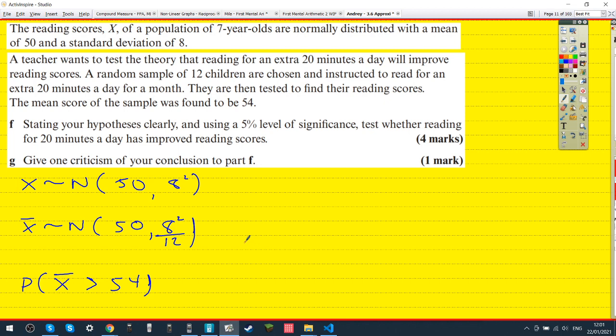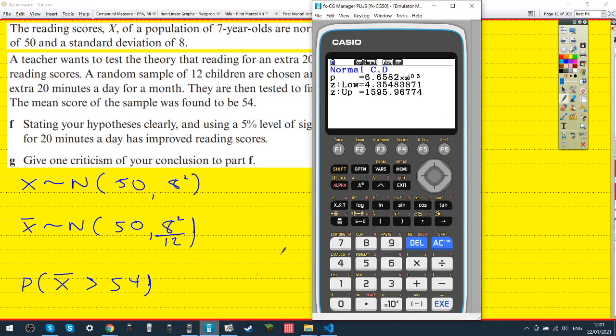And so do we now go to the calculator? Yep. So are we then going to do lower 50? No, I don't know. Is it lower 54? Yeah.